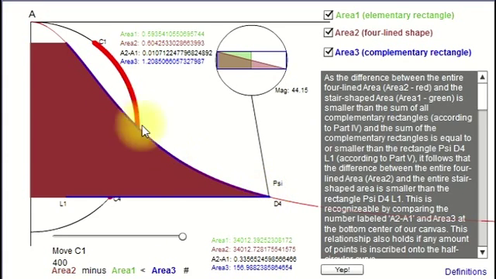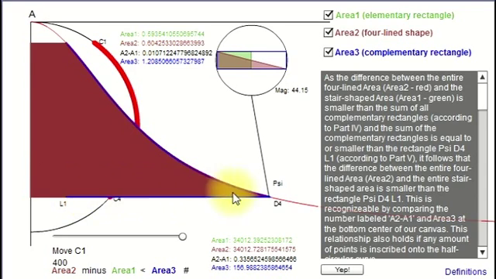And this line is basically longer than this line because it refers to a succession of the diagonals of the complementary rectangle, while this line refers to a succession of the complementary rectangle's width, and the width is always smaller than the diagonal of the same rectangle.